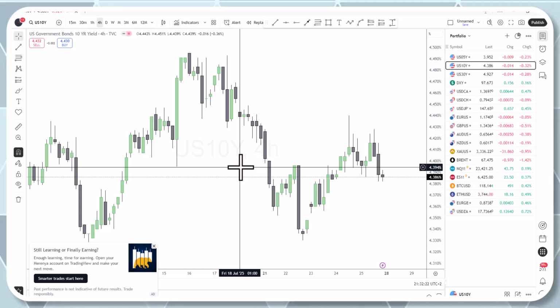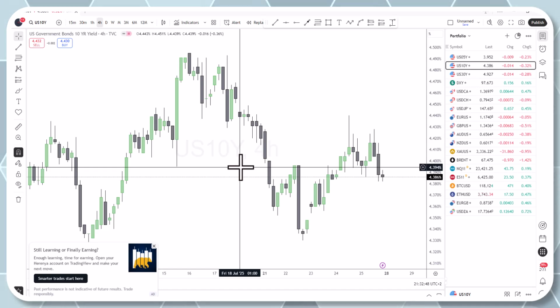So I'm going to show you two order blocks, one bullish and one bearish. We're going to start with the bullish order block. In a bullish move, the OB is the last bearish candle before price drives up, before there's a rally to the upside.